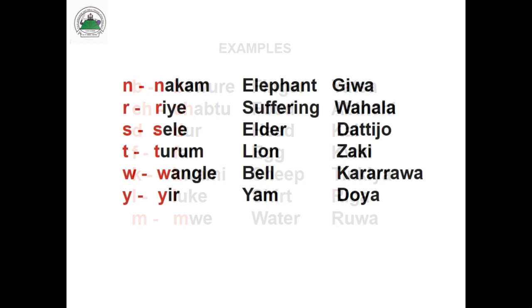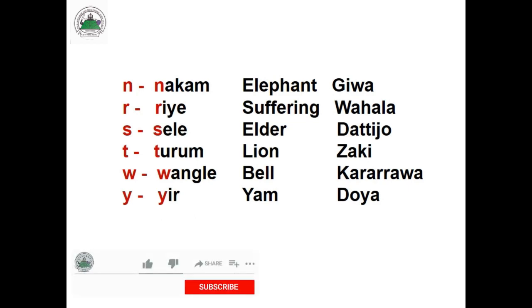Now the next consonant there is N. You also raise the tip of the tongue to touch the front roof of the mouth. So the example we have there is nakam. It is pronounced nakam, which means elephant in English, giwa in Hausa. And another one there is r.